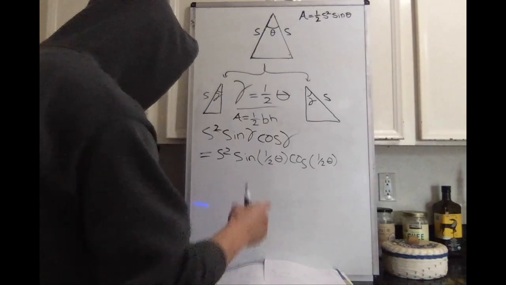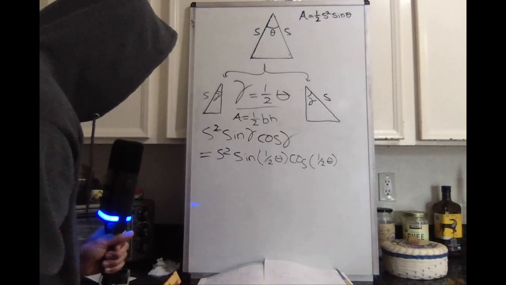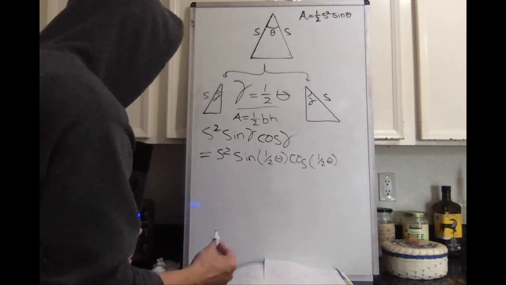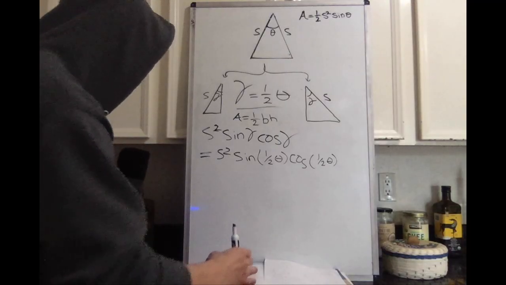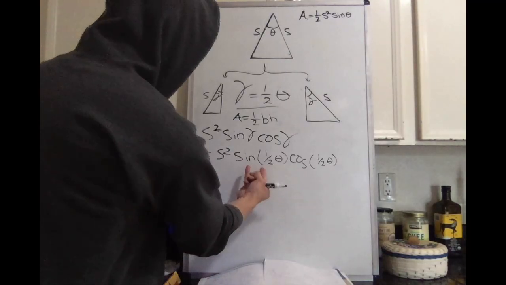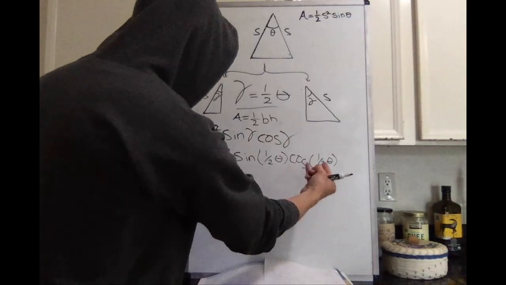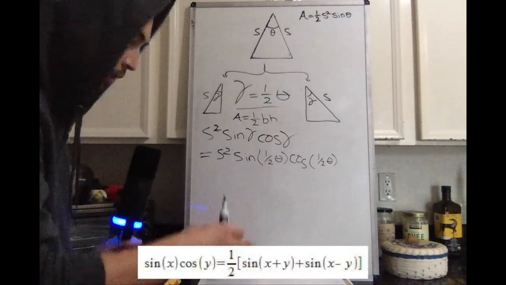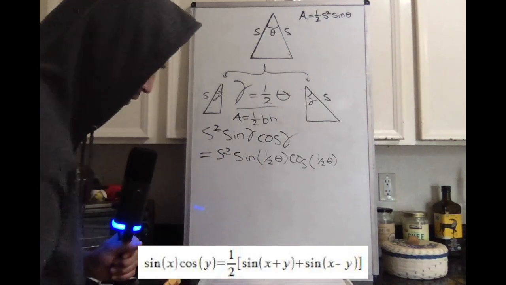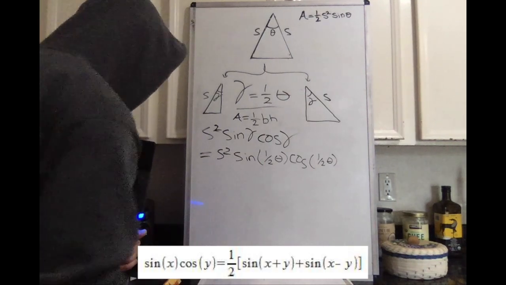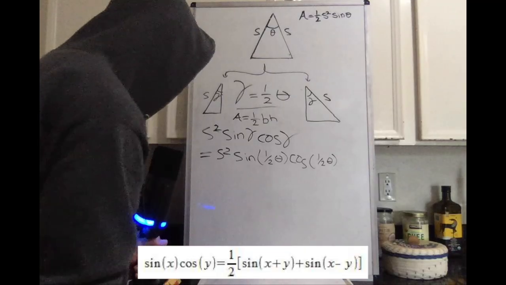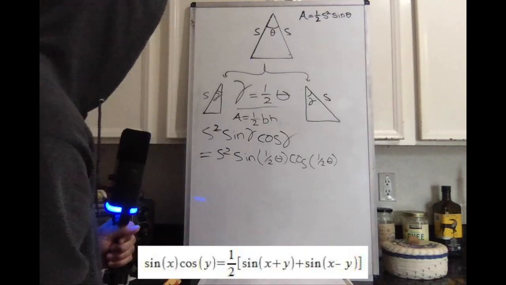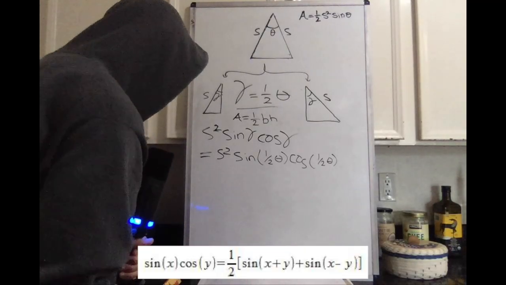It's underneath that header, and it's an identity involving the product between a sine function and a cosine function. And when you use that identity, you get this.